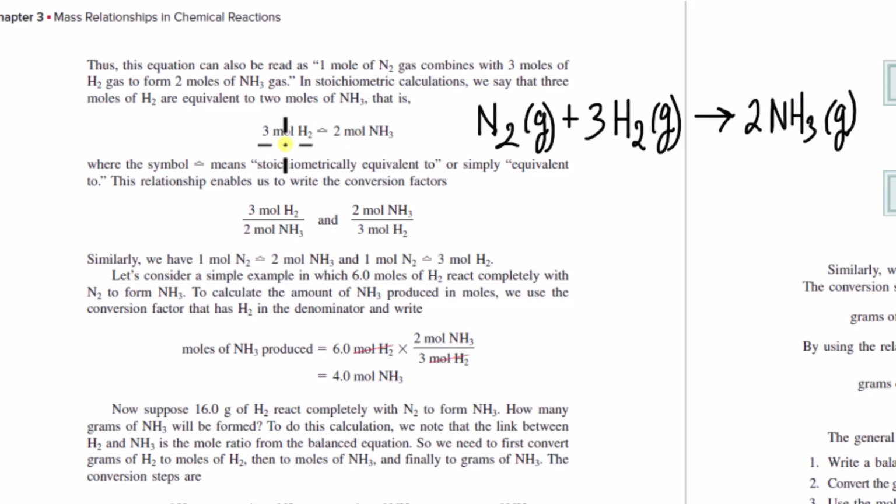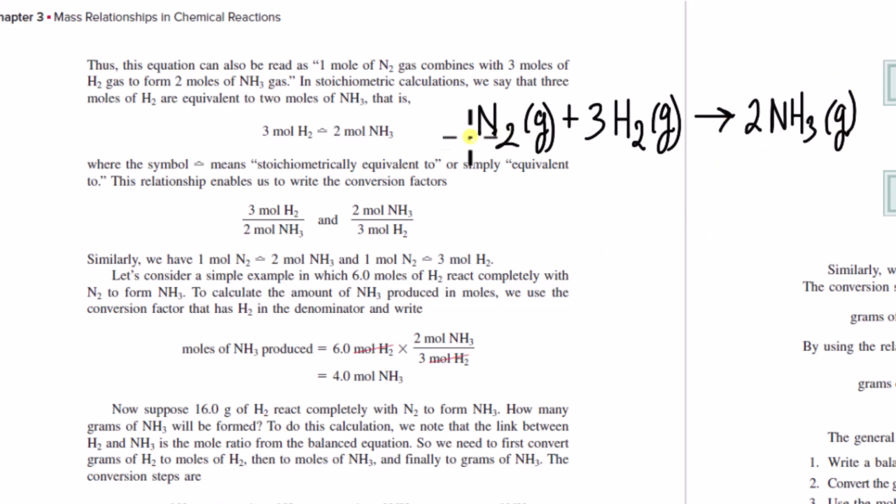Okay, but what are these equivalencies? Well, they apply to any balanced chemical equation, and you can only have these stoichiometric equivalencies with respect to moles or atoms or molecules. You could do this in dozens, but with respect to counts of atoms or molecules, a certain count of N2 molecules, which is typically going to be moles, is stoichiometrically equivalent to a certain count of NH3 molecules.